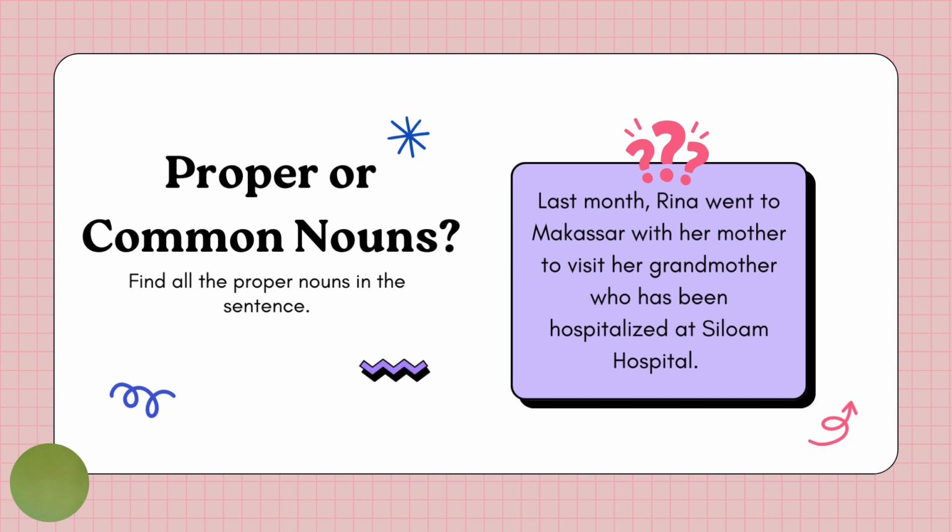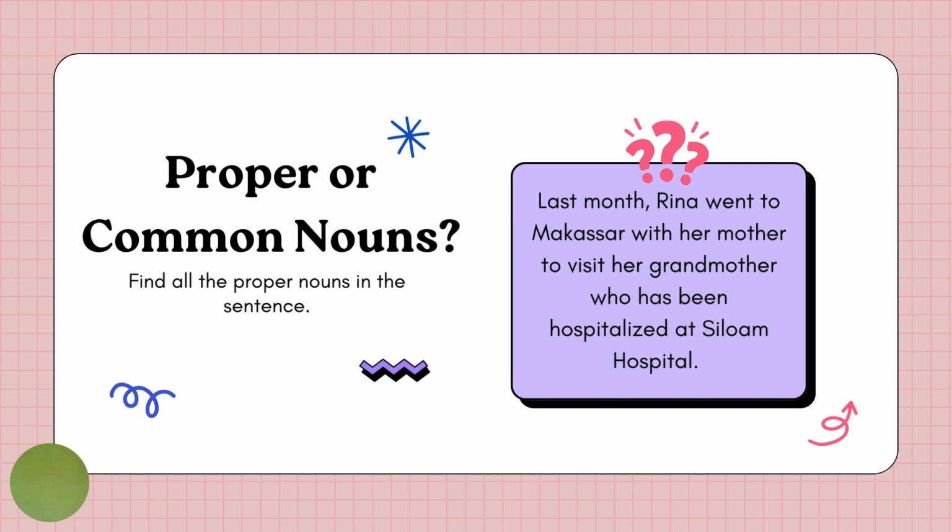So let's see. Here is some kind of exercise for you. There is one sentence. Last month, Rina went to Makassar with her mother to visit her grandmother who has been hospitalized at Siloam Hospital. Can you find all the proper nouns in this sentence?